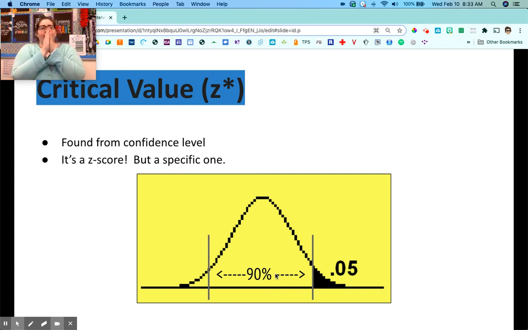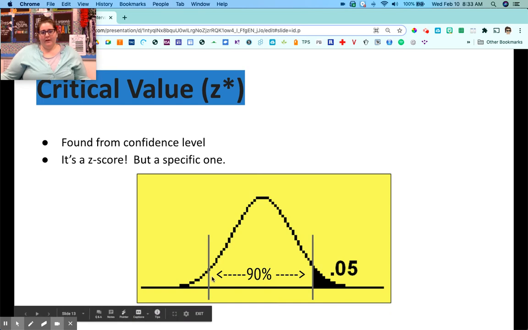So I'm trying to figure out what are the middle 90%. So if I said I'm 90% confident, then I'm trying to figure out what is the middle 90% of values around the mean. So I need to figure out what this z-score is that's kind of on the upper end of that middle 90%.